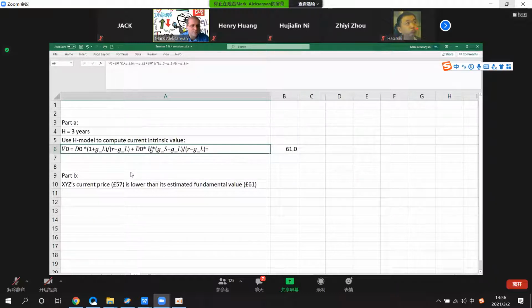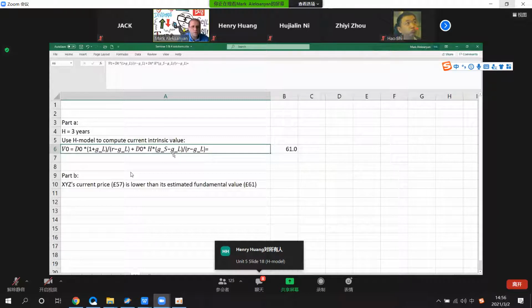In our case, our full period over which it is declining is 6 years. So half-life, or half of that period, would be 3 years, 6 divided by 2. So H is 3 years. And then the expression in the brackets is self-explanatory.